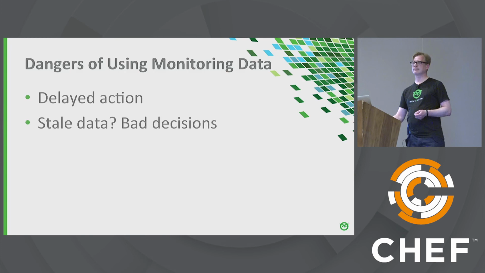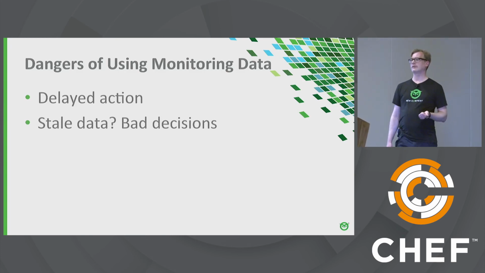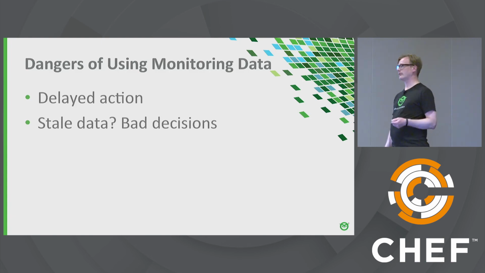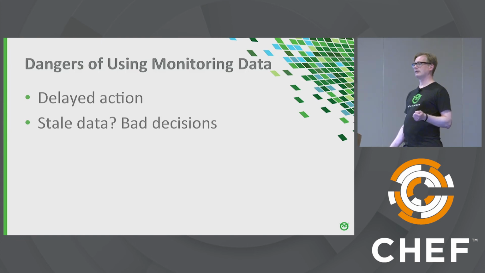Stale data, monitoring systems poll. That means that it's very likely that the data that you're getting from the monitoring system was valid as of some moment in the past. And during the interval between when that data was generated and the Chef client consumes it, changes could have happened.